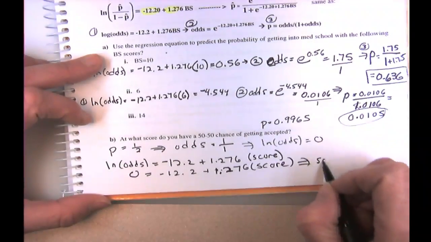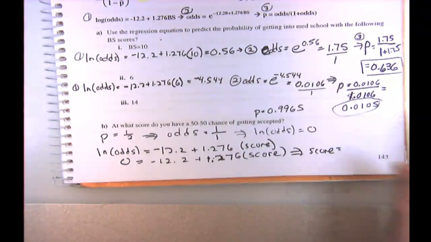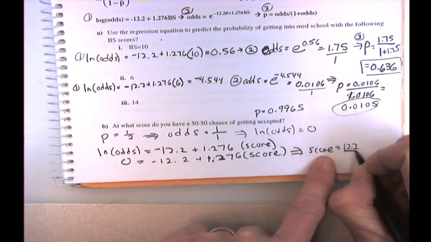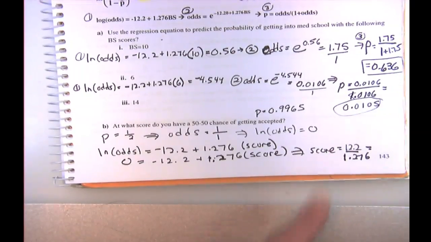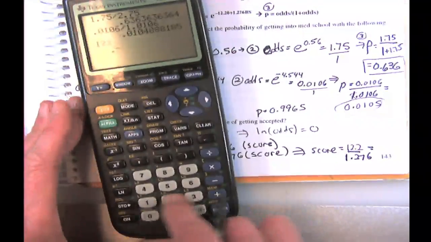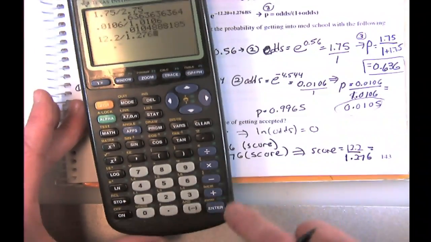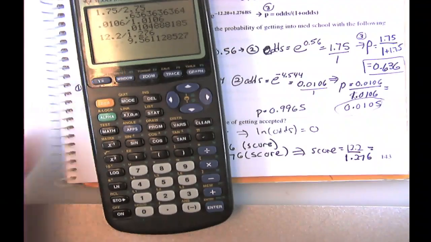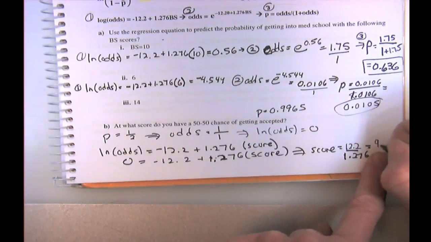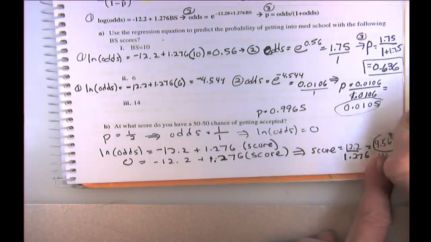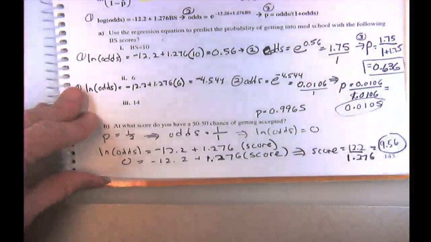So your score is going to equal what? 12.2 divided by 1.276, solving for the score. And it's 9.56, almost 10, between 9 and 10. Does that make sense to everybody? Okay, so let's move on.